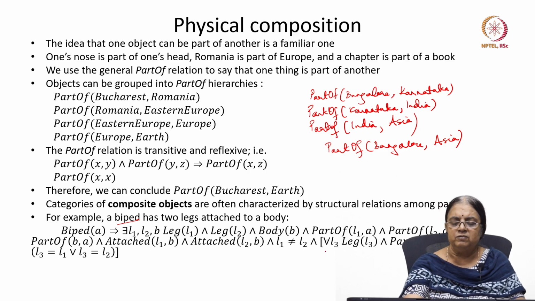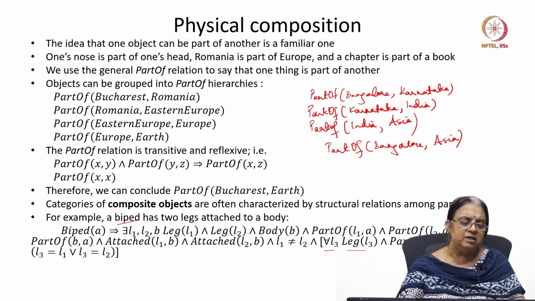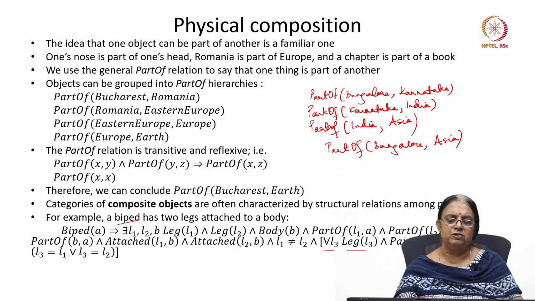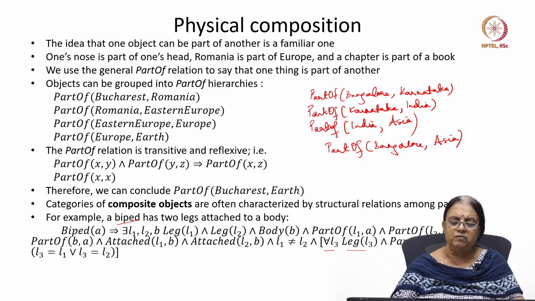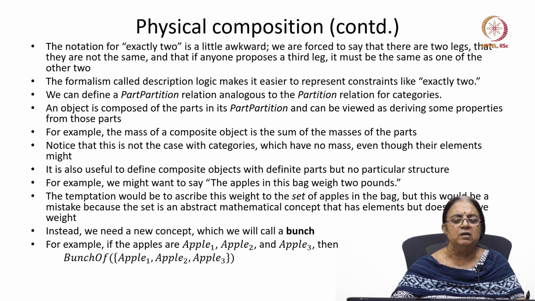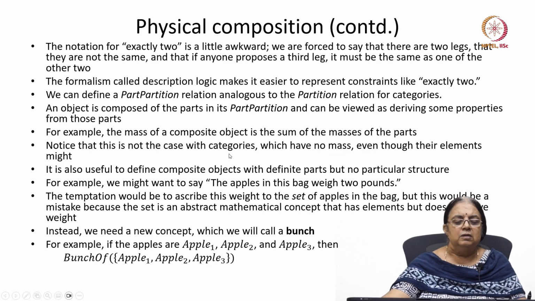So you have to say for all L3, if you have a leg L3, then L3 is either equal to L1 or equal to L2. This is a sort of awkward way of writing this, or you use what is called the part partition.